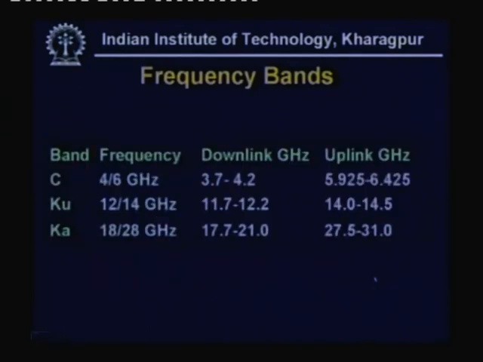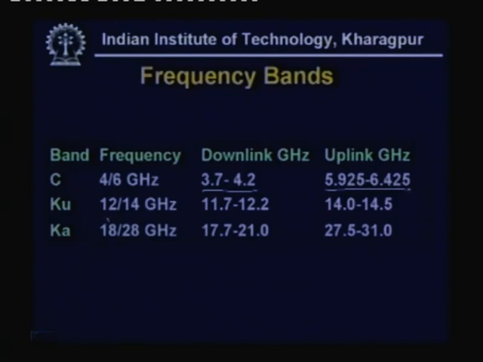And here are the common frequency bands used. As you can see, C band, 4/6 gigahertz band, and here the downlink frequency range is 3.6 to 4.2 gigahertz. Then the uplink frequency band is 5.925 to 6.425 gigahertz. So this is the downlink frequency band, and this is the uplink frequency band.